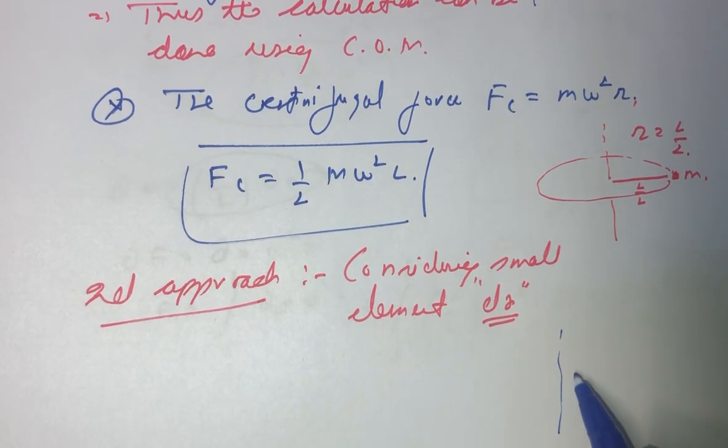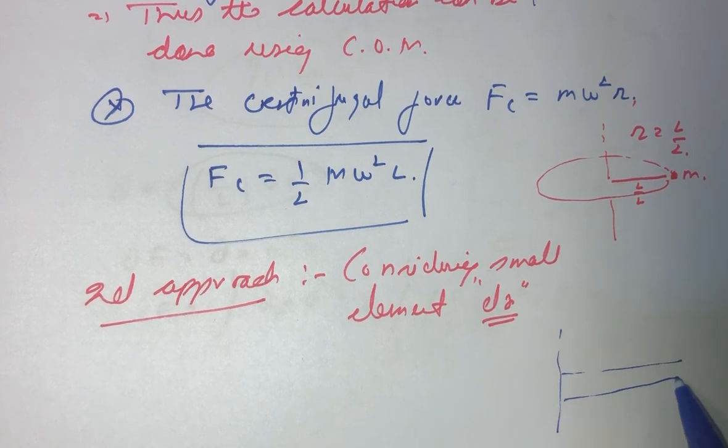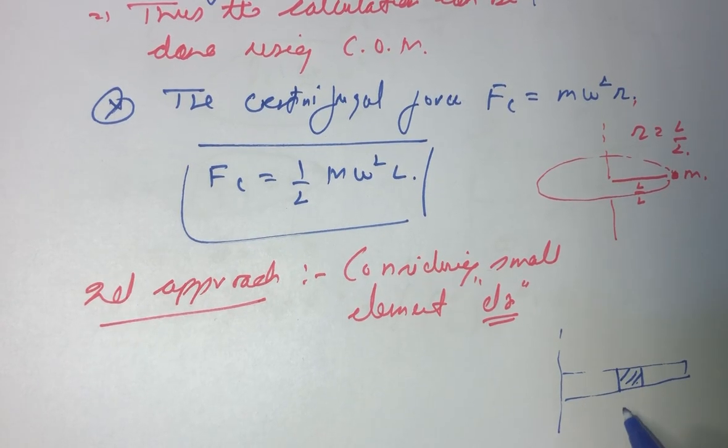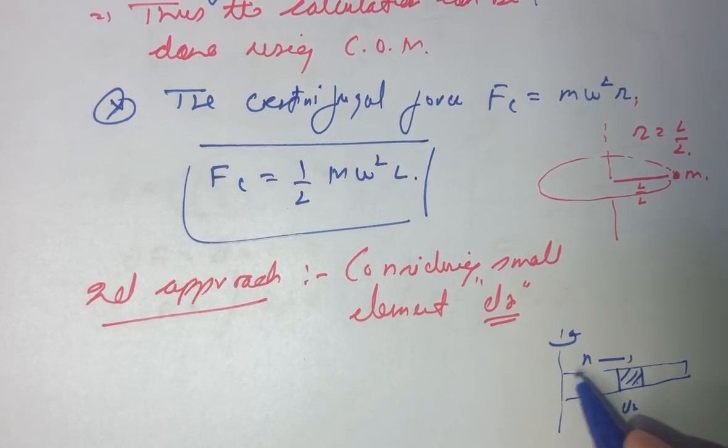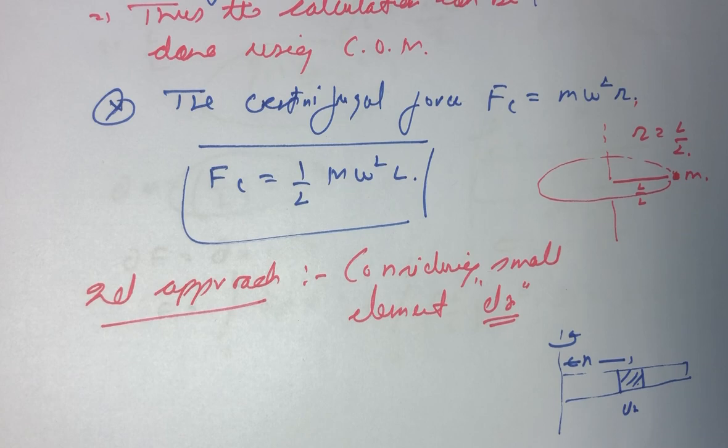So let us draw it again. Let us consider this element dx, which is at a distance of x from the axis of rotation.